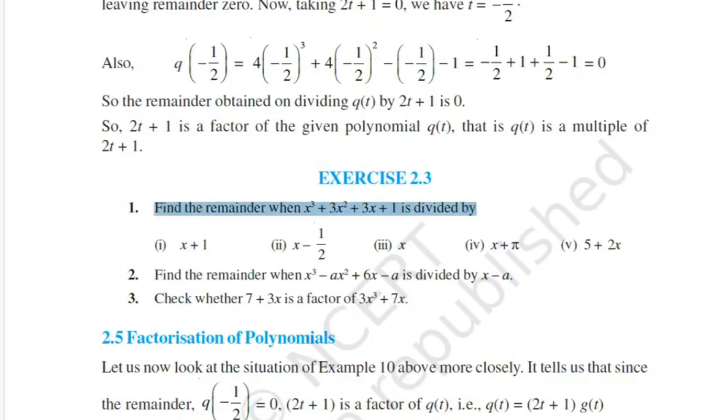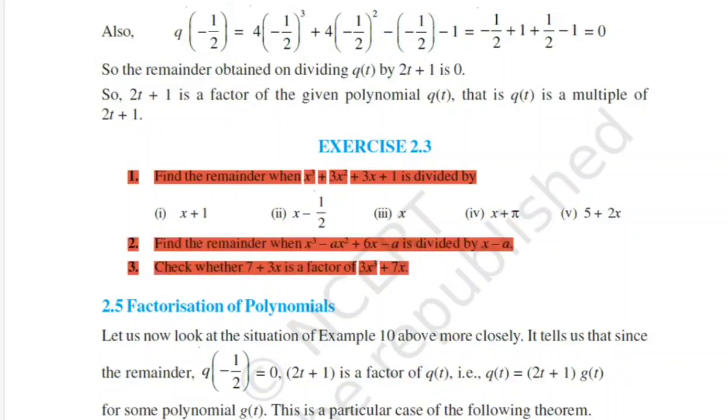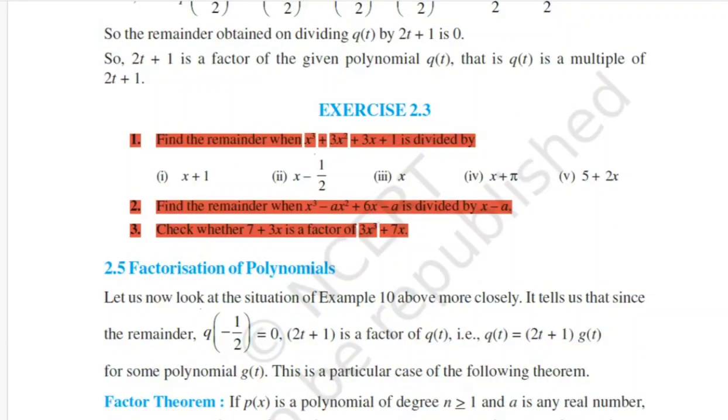There are a lot of questions which you can divide. Okay, you will get one question from here to divide. Check all this type of question. Okay, you see all these questions. Now exercise 2.3, what will you get here?